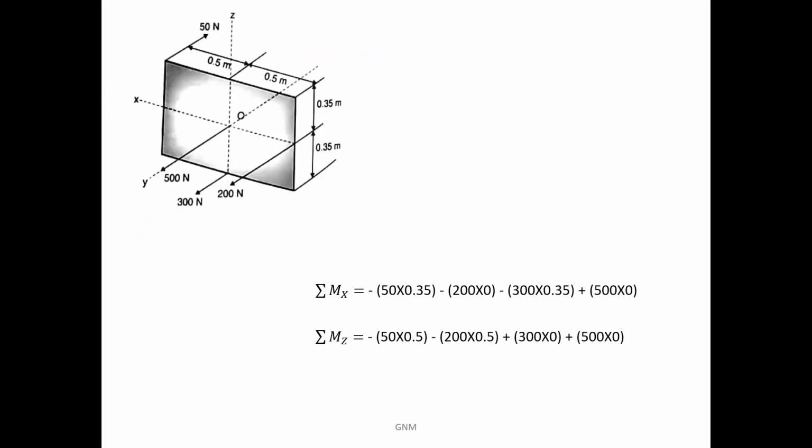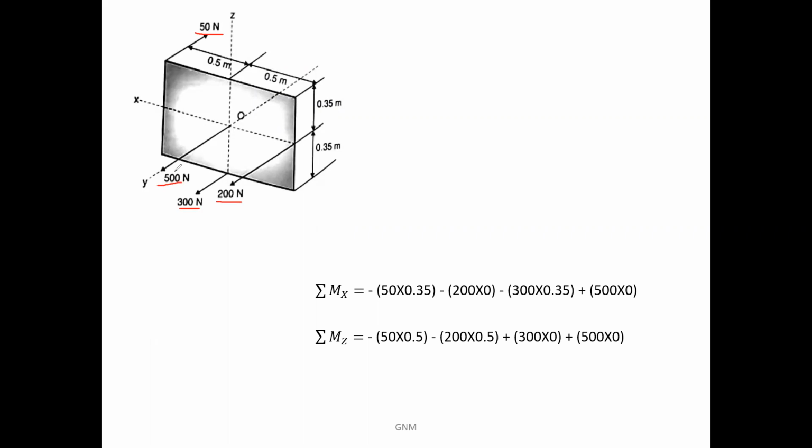Now for this figure shown here, let us try to read first what information is given. Here, this is one force, second, third, fourth. 4 forces are acting on one plate.